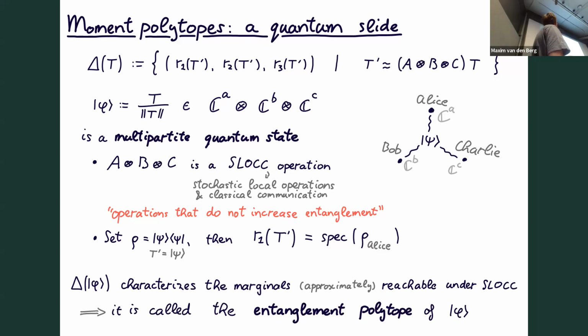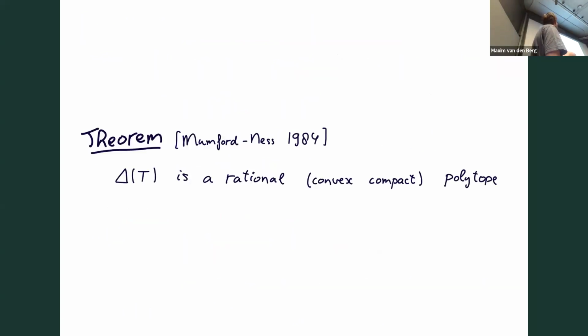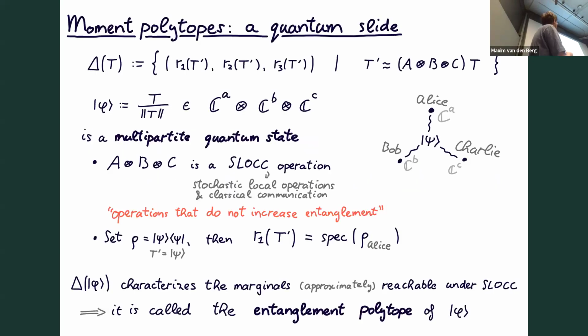Okay, so back to the general things. The main theorem, which I think is surprising and very cool, is actually that the set that I defined, so I didn't say this before, but it was totally not clear that this was a polytope. Not clear at all. But it turns out that it is. Which is very surprising. What we have here, we're doing very nonlinear things.